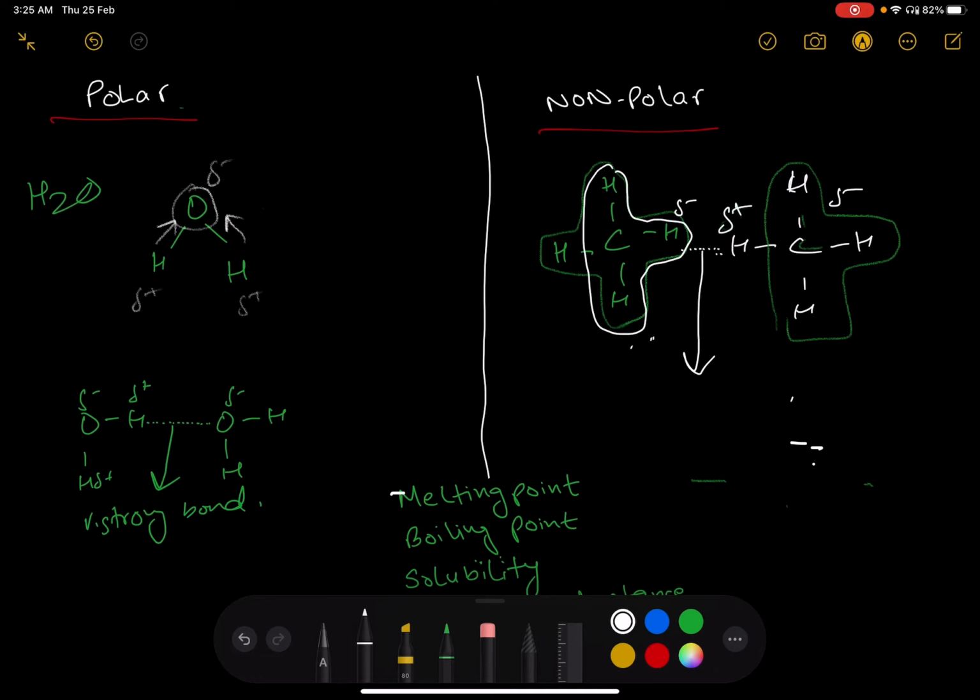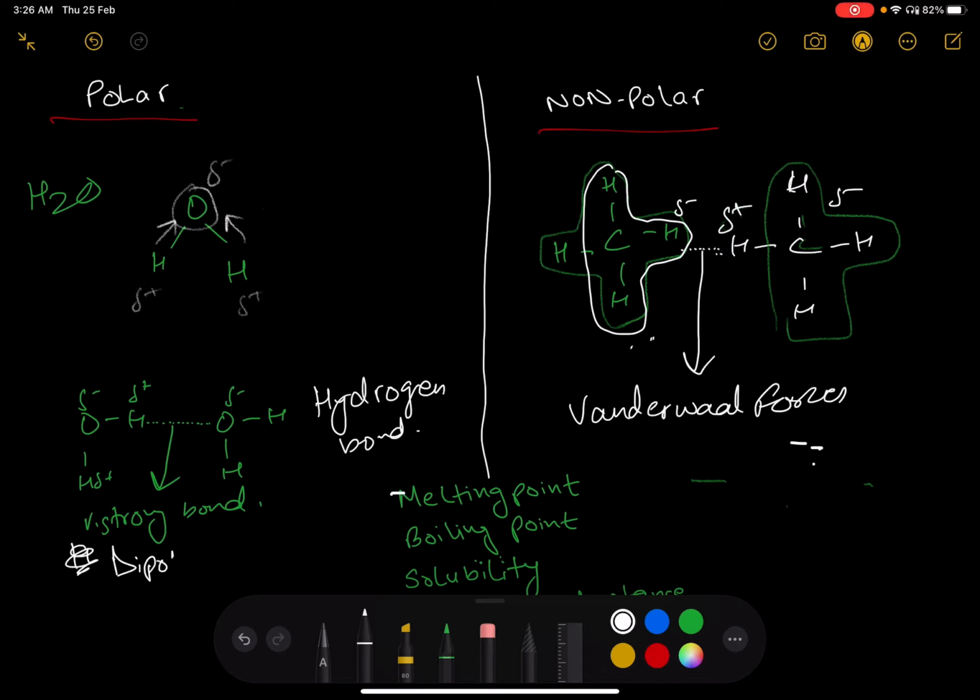These types of forces are called van der Waals forces, and these generally tend to be way weaker than the bonds that exist between polar molecules, which can either be hydrogen bonds, this one, by the way, is a hydrogen bond, or they can also be dipole bonds.